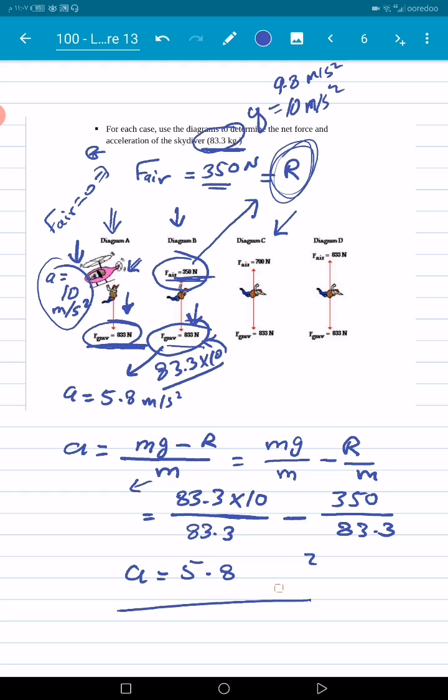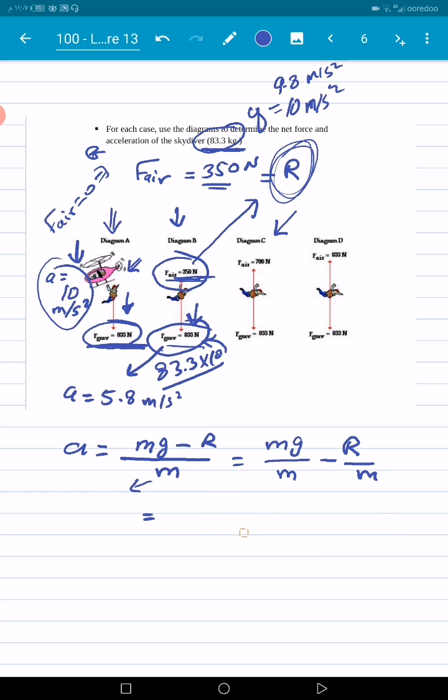Then I want to check it in C. F air is equal to how much? 700. This is R. So put it in your equation.